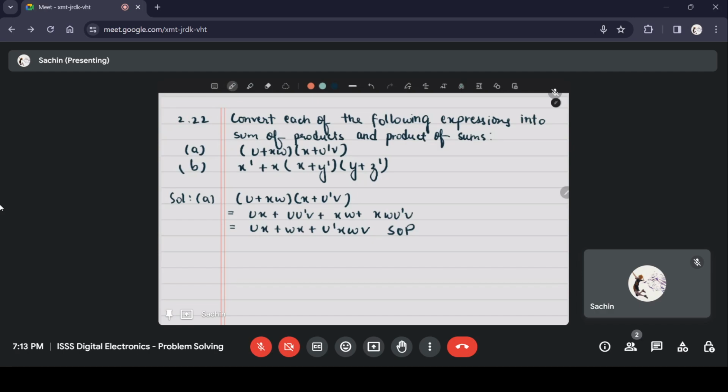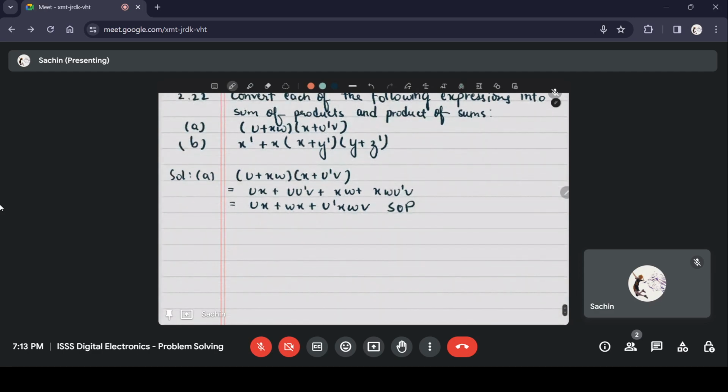Next we have to convert it into a product of sums. Well, there's a small simplification you can do here. You can write this as ux plus wx into 1 plus u prime v. So this will simply become ux plus wx. That's the SOP form. You can take the x common and write it as x times u plus w, and that's the POS form.